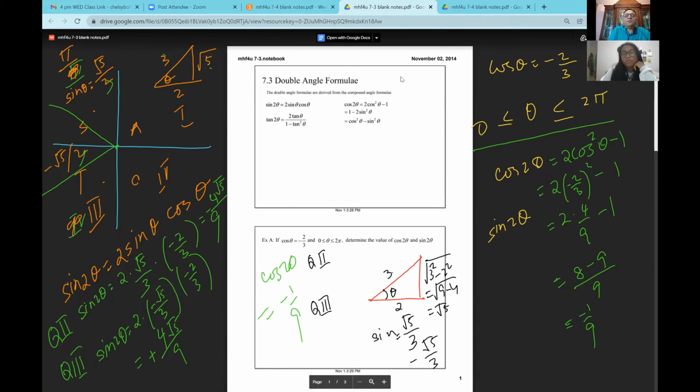And applying the formula of sine 2 theta, which is 2 sine theta cos theta, cos theta is negative. But sine theta could be positive or negative. So in quadrant 2, you get a negative result because cos is negative. But when you are in quadrant 3, you get a positive result. So plus and minus 4 square root 5 over 9 becomes the sine 2 theta value.